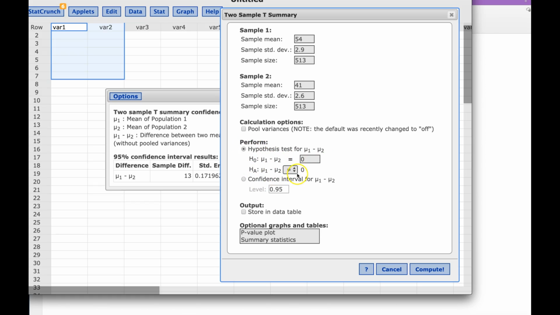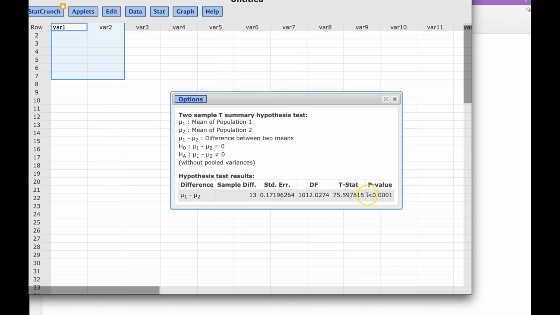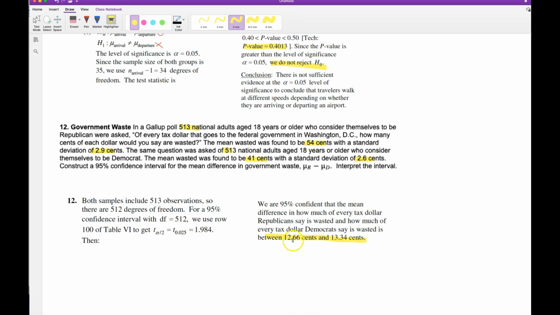When you run that hypothesis test and compute, you get a p-value way smaller than 0.001, so you would reject the null hypothesis. We would say that there is a difference between Republicans and Democrats, and that matches up with what we got here on the confidence interval.